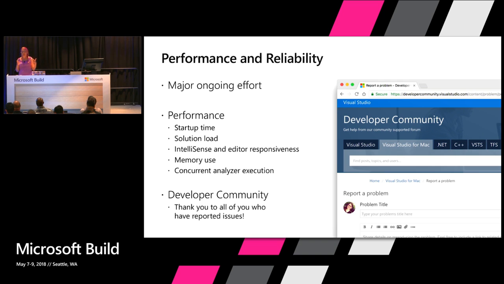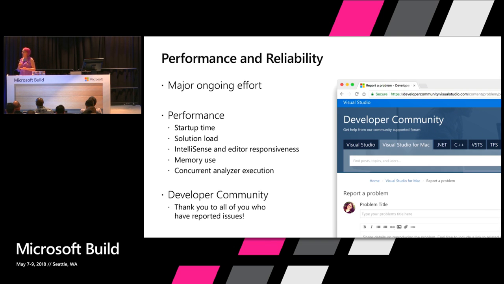Also reducing memory use to reduce GC hangs, and even down to things like concurrent execution of Roslyn analyzers, which makes results come back faster. We have a lot of improvements in the 7.5 release, with more coming up in 7.6.